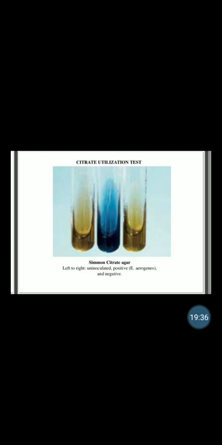Here we can see the observation and interpretation. If there is a color change, we can say that this test is positive, and if there is no color change, then this test is negative. Then we will see the nitrate reduction test. So what is the aim of this test?